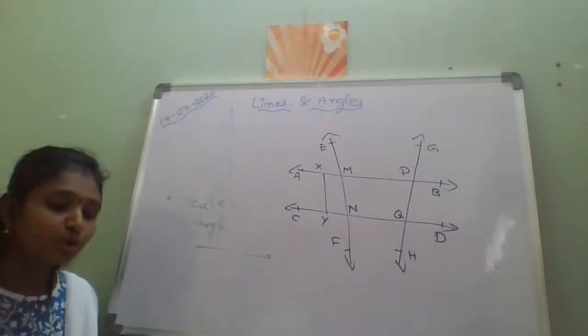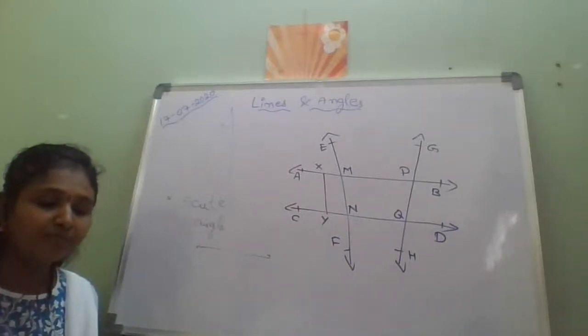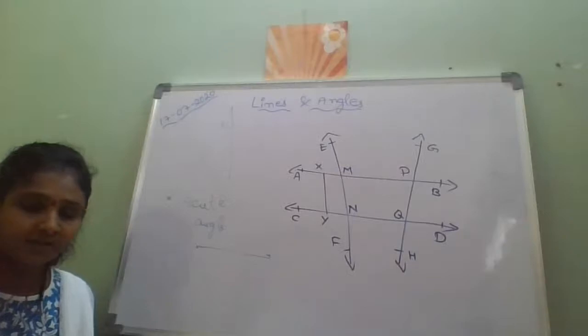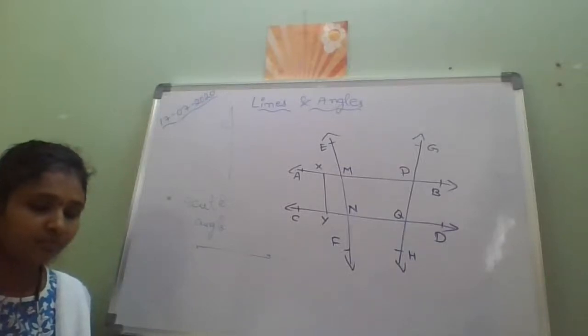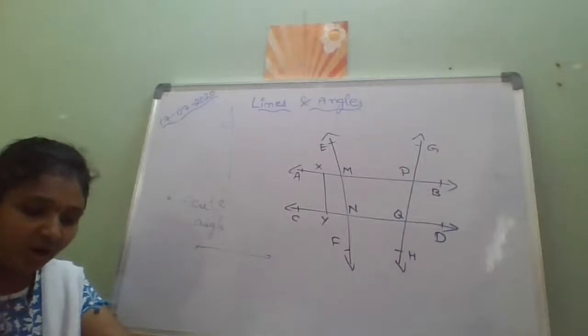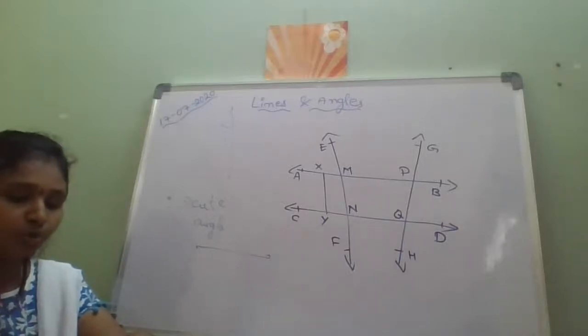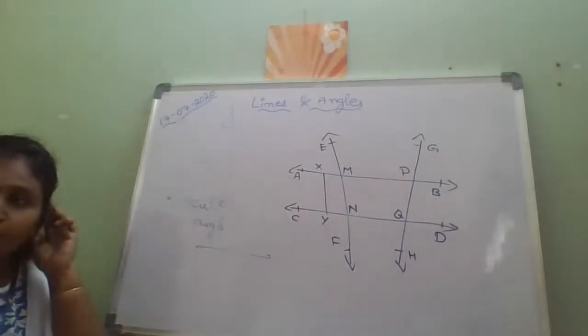Next, two intersecting lines cannot both be parallel to the same line. True.